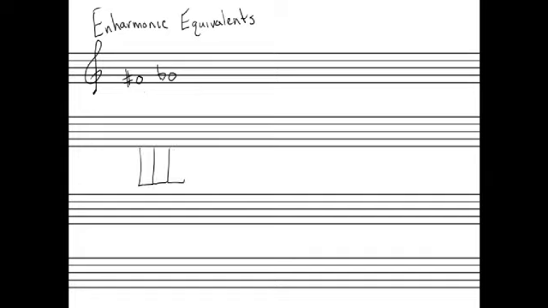Okay, 1, 2, 3, 4, 5, 6, 7. There's 8 notes there. Let's say that there's a black note here, black note here, black note here, black note here, and so on. Here's our C, D, E, F, G, A, B, C.